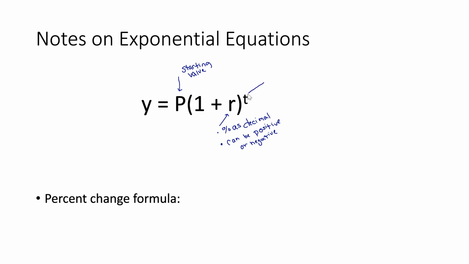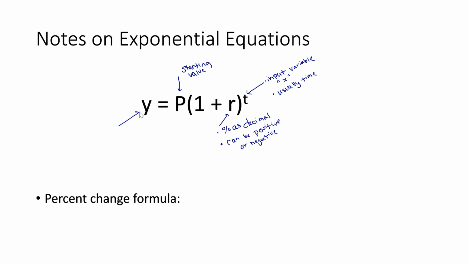T here is our input variable. And since it's input, this is oftentimes an X. But the reason why T is used in this model is because, as we mentioned before, it is usually time, because growth or decay happens over a time period.